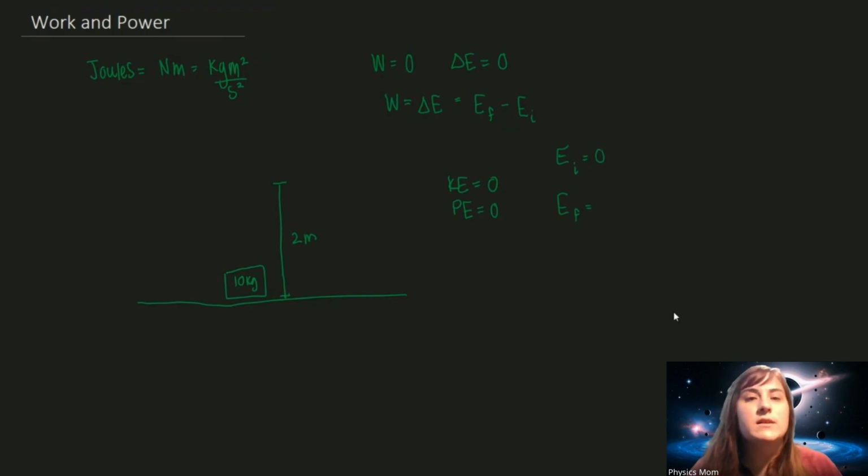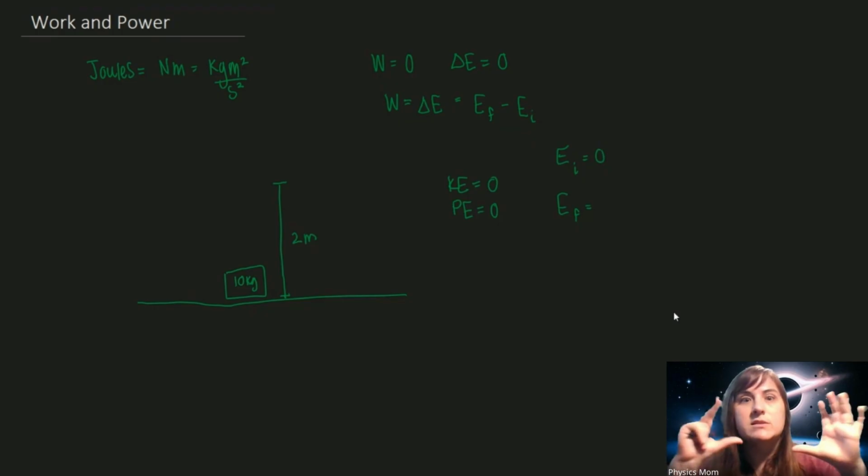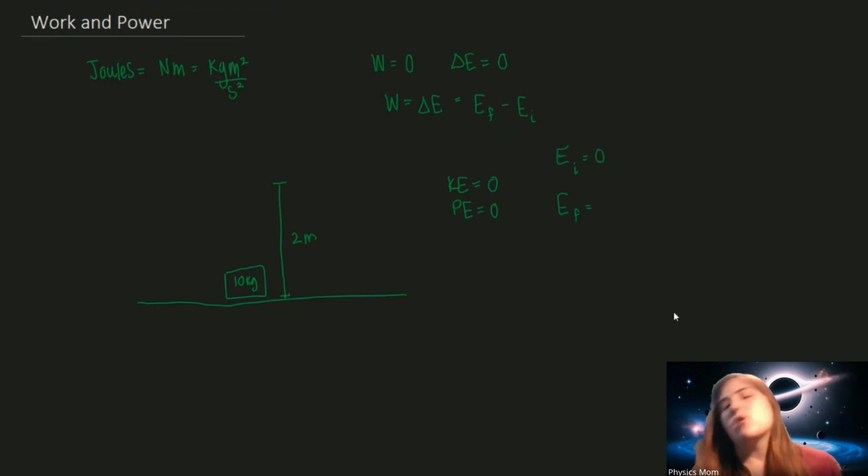Now, I could calculate this in detail, but once I get it to the height of 2 meters, let's say I'm going to leave it there. I'm going to stop it moving, or put it on a shelf or whatnot. Once it stops moving, it no longer has kinetic energy again. Now it only has gravitational potential energy. And that's going to be the amount of energy it's going to end up with. That's going to be its final energy.